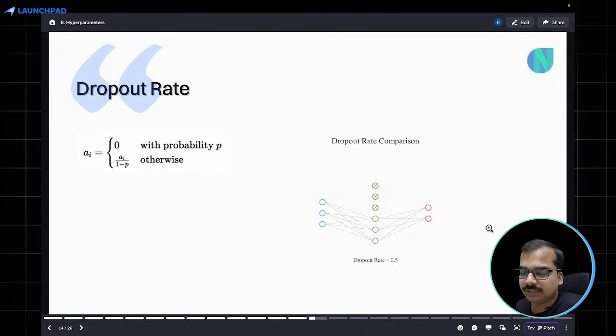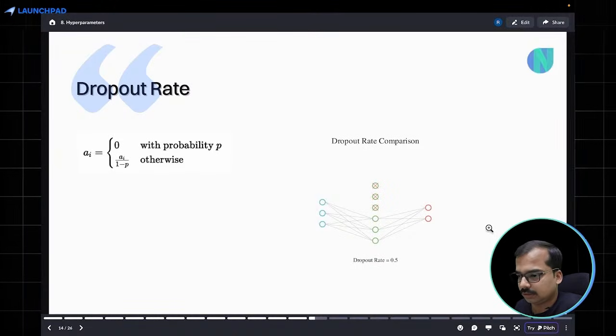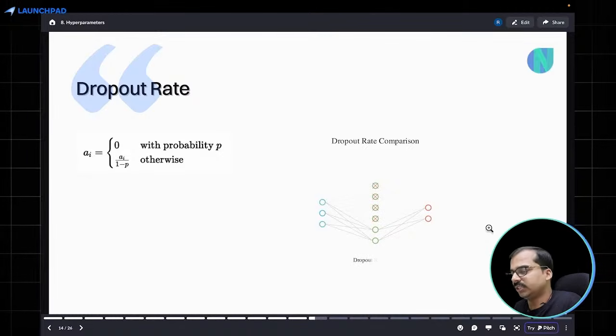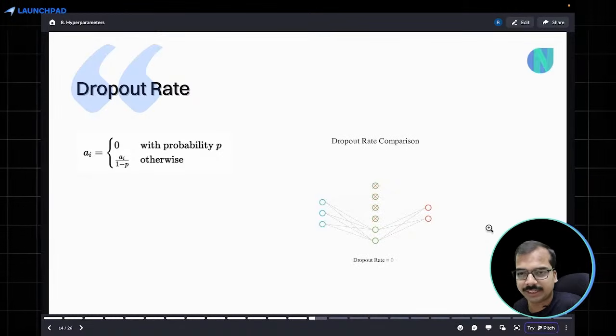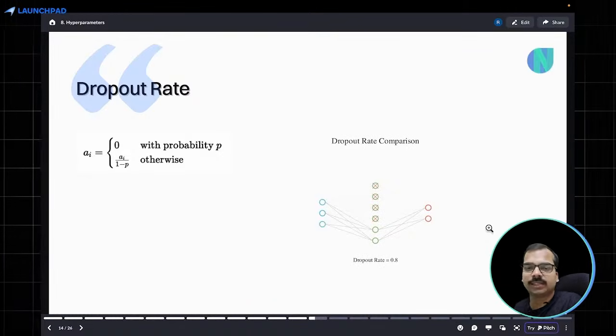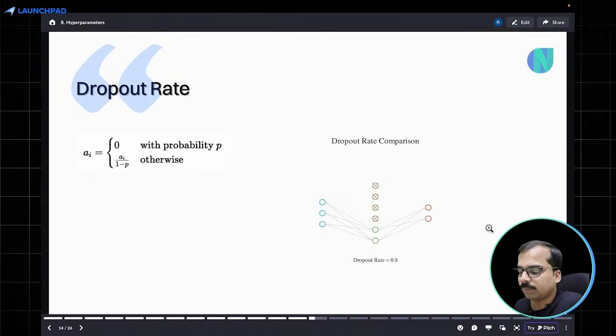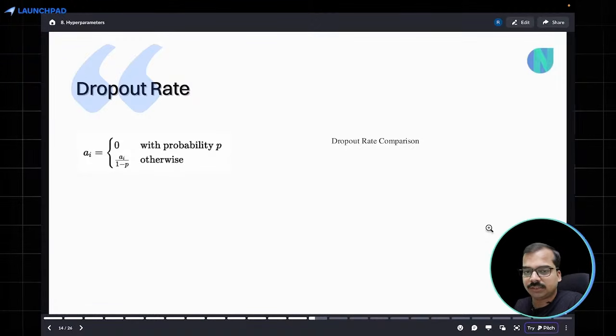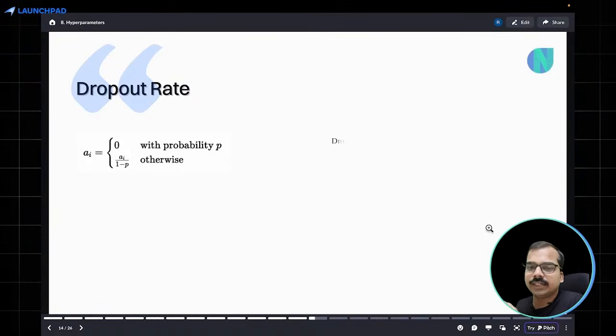Dropout is another thing that we use for regularization of our neural networks. So dropout basically does what? It switches off, randomly during the training process, X percentage of the nodes. So if your dropout rate is 0.8, randomly in a layer 80% of the neurons will be switched off during training.